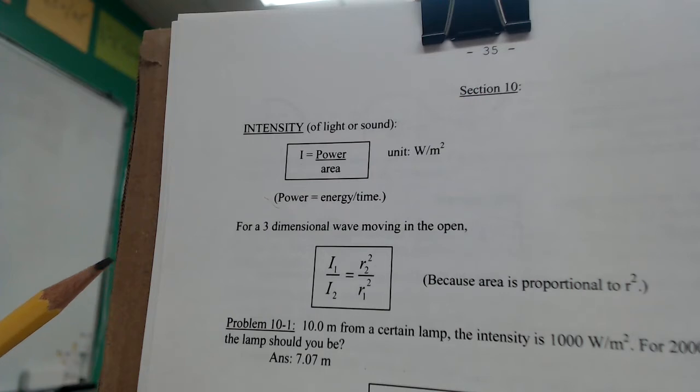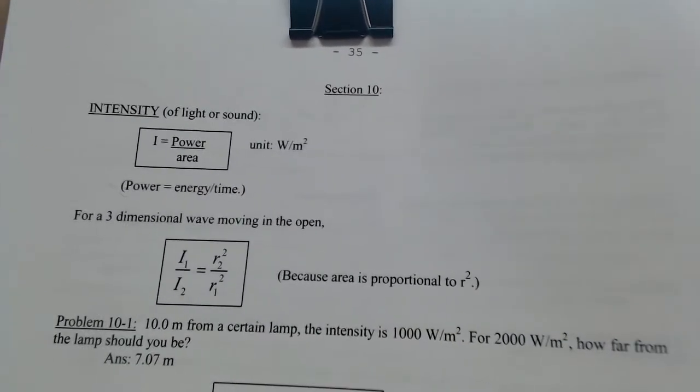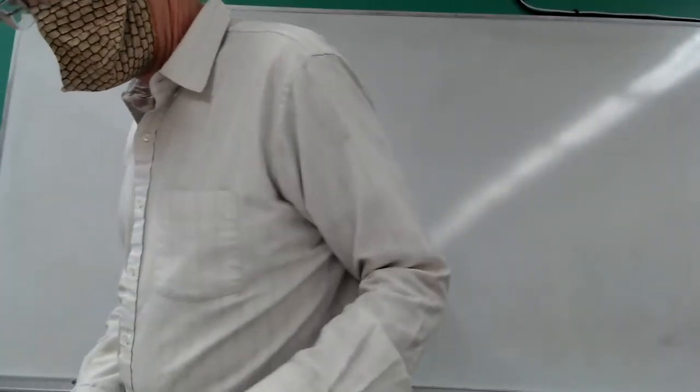So now we have an example for you to work on. Basically, it just gives you some numbers to stick into that inverse square law. I'll hit pause to let people work on that. Section 10, number 1.